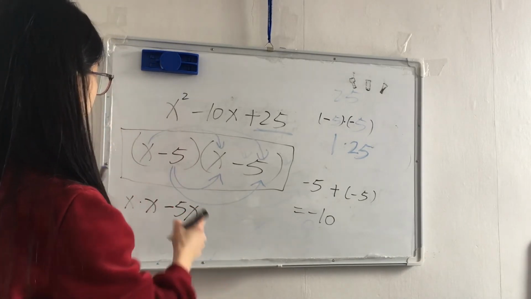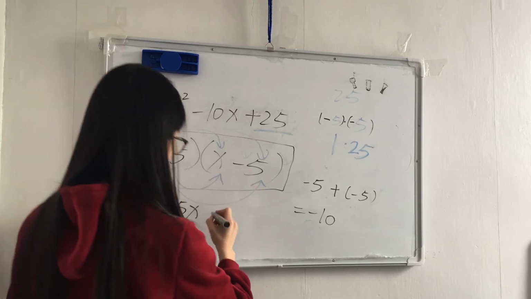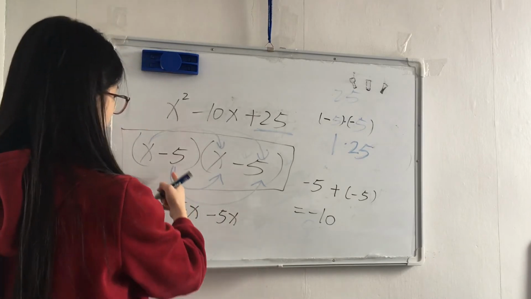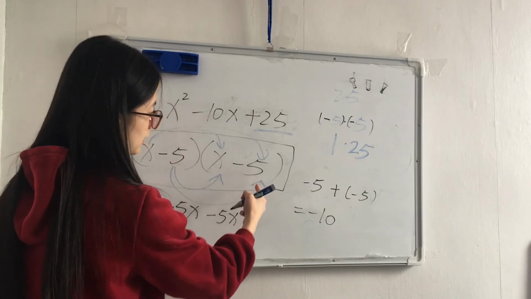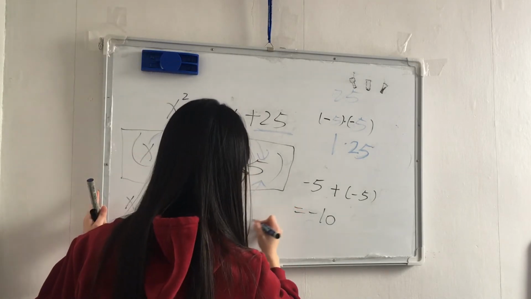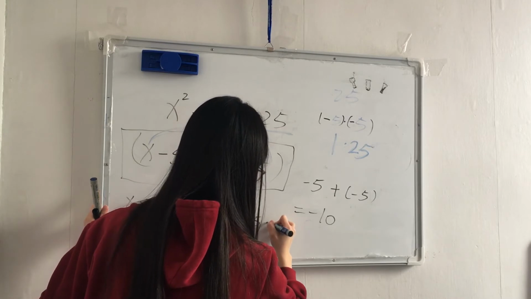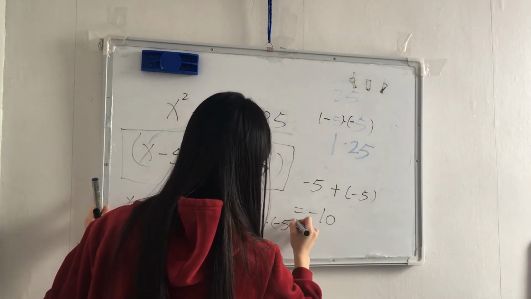Okay, and in this term, negative 5 times x, this is also negative 5x. And in the last term, negative 5 times negative 5.